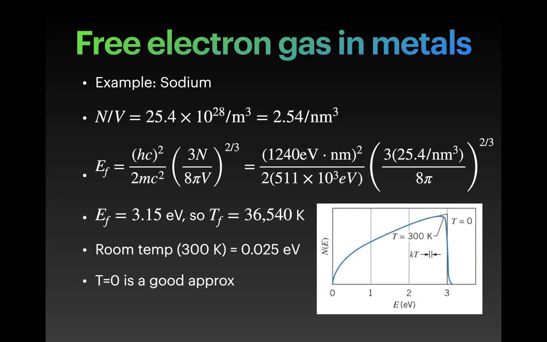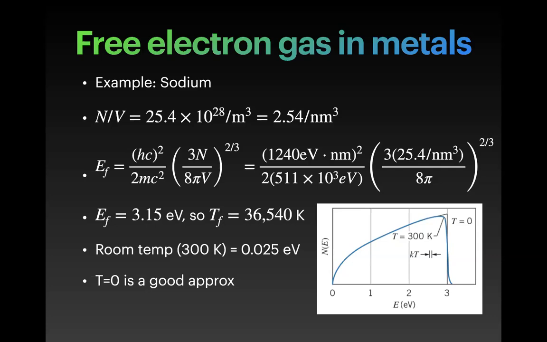To gain that amount of energy, it would be at 1.025 electron volts, but that is already full. You can't put extra electrons in a state that's already filled because they're fermions. So only the electrons just below the Fermi energy can be moved just above the Fermi energy.